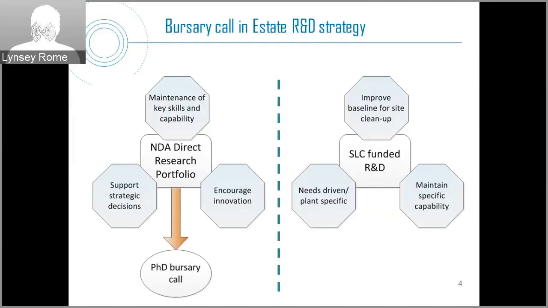As opposed to this, research funded by the site license companies is much more about improving the baseline for that particular site's cleanup. So this R&D is much more site or plant specific, and it's often needs driven, or it may be to maintain a specific capability on that particular site.